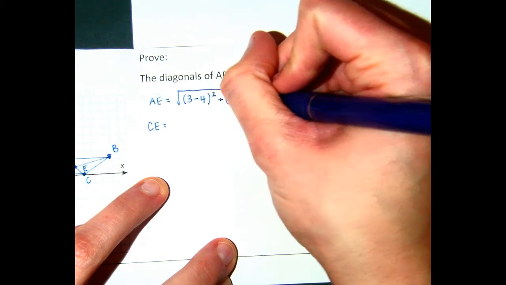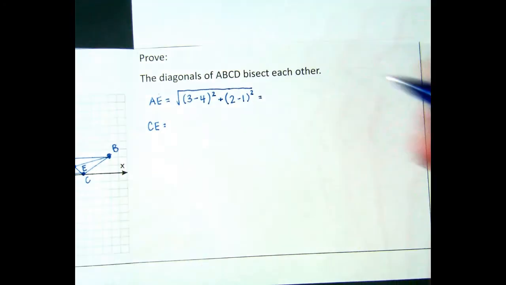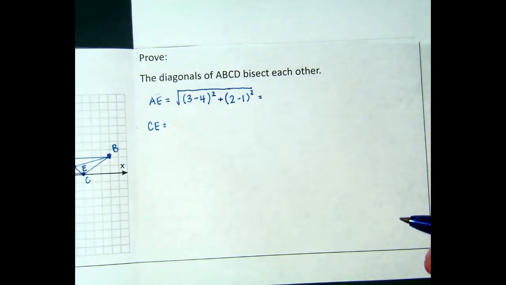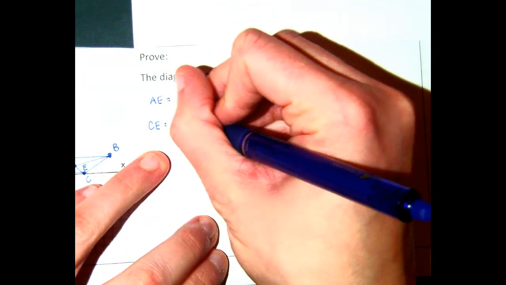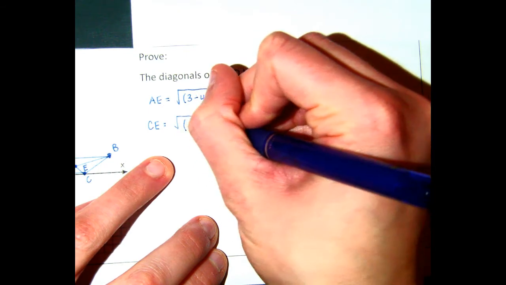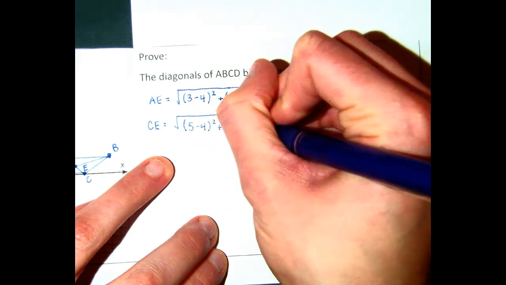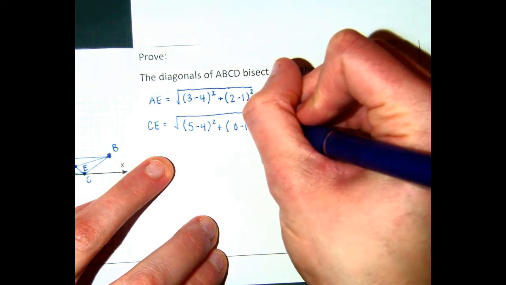And again, 2 minus 1, I will determine that in a moment. Let's go ahead and set up CE. C5 minus 4 squared plus 0 minus 1 squared.